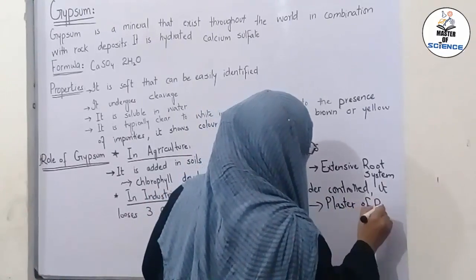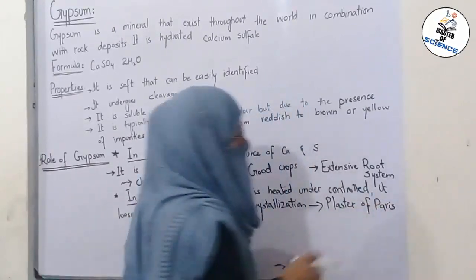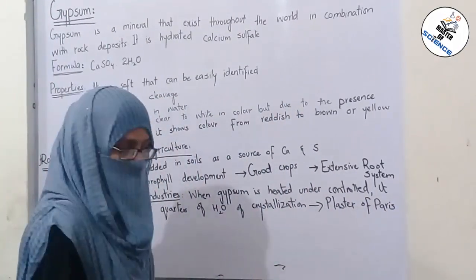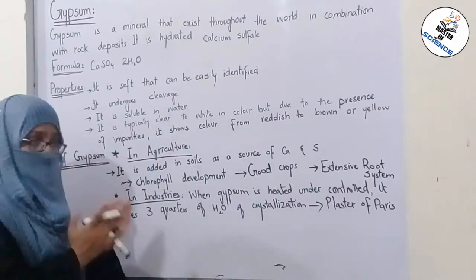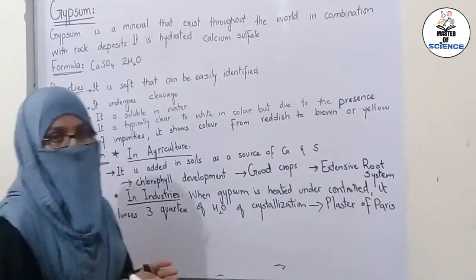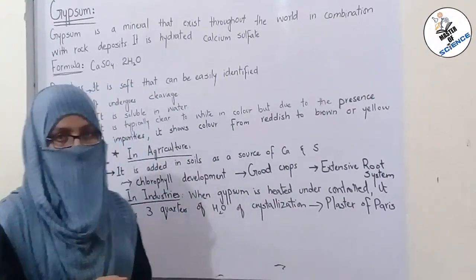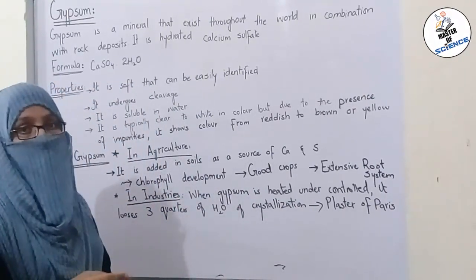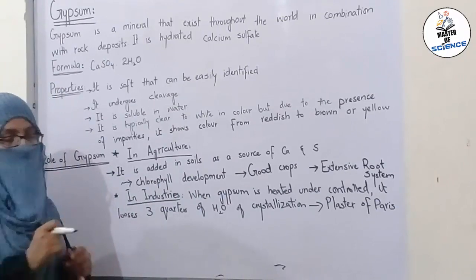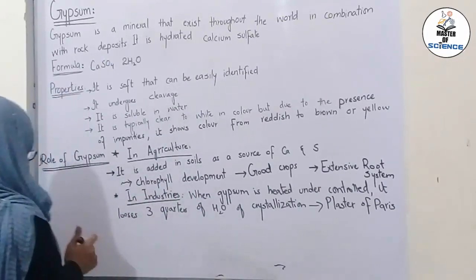Okay, if it is heated too much, then anhydrous salt will be formed, which will absorb water, and this will be called dead burnt gypsum. Now we come towards its uses.